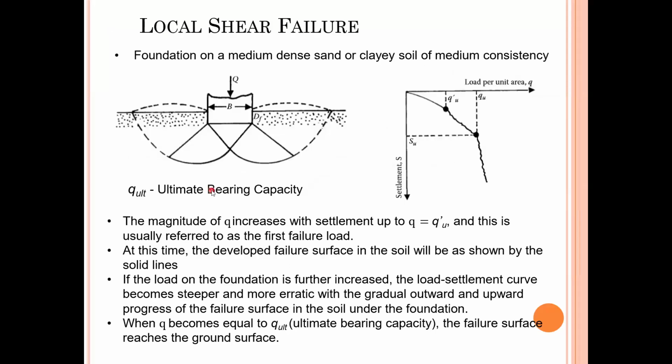Then if you look at the local shear failure, there's not a clear peak like that. Only thing is there'll be a sudden change of the slope, like a brittle failure.